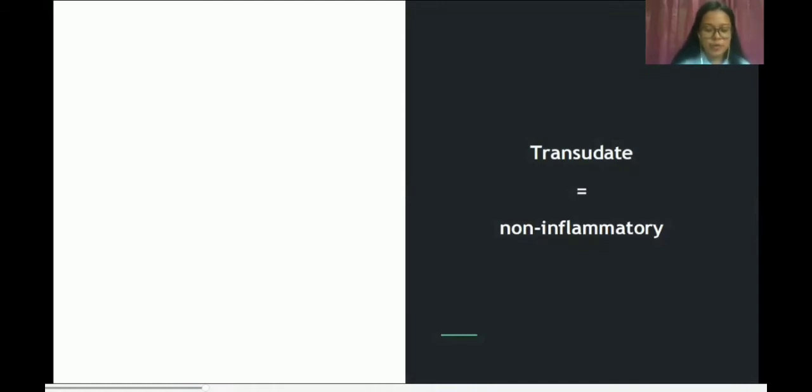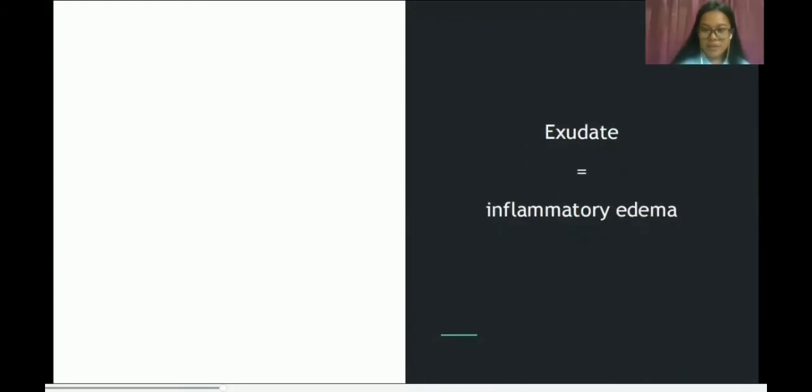It is low in protein and other colloids with a specific gravity below 1.012. In contrast, inflammatory edema, due to increased vascular permeability, is protein-rich and therefore has a high specific gravity, usually over 1.020. And this inflammatory fluid is called an exudate.